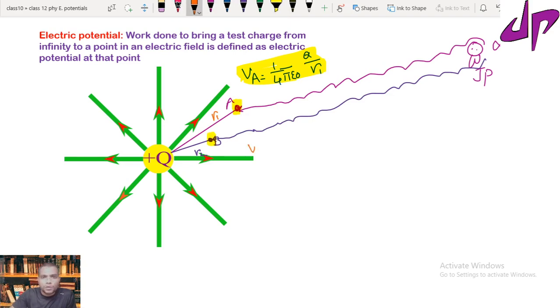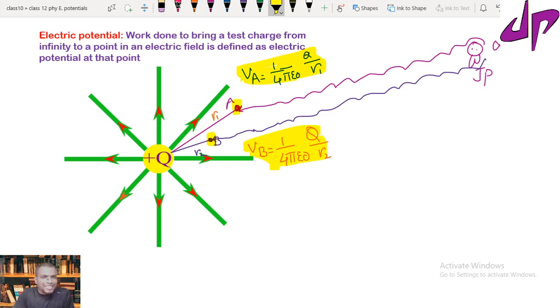The potential at point B, V suffix B, equals 1 over 4 pi epsilon naught, Q upon R2.